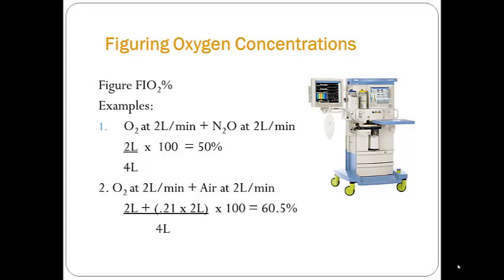So in this case, we do 21% times 2 liters, add that to the 2 liters coming from the oxygen flow meter, divide by the total flow, times 100 to make it a percent, and the FiO2 becomes 60.5% when we have the oxygen flow meter on at 2 liters per minute and the air flow meter dialed to 2 liters per minute as well.